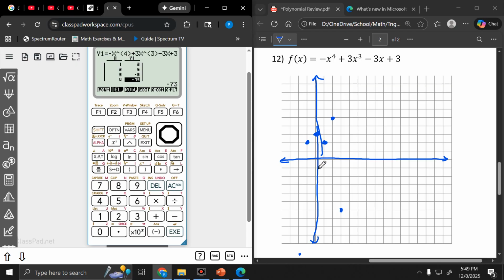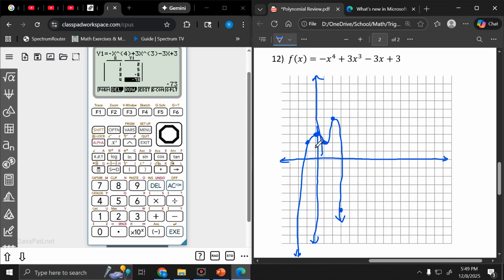And then really far down. So something like this. So I probably would have incremented, in retrospect, my x-axis maybe by halves, and then my y-axis maybe by 2s or something like that.